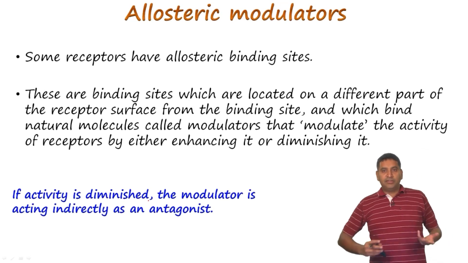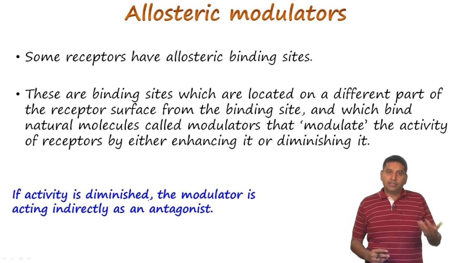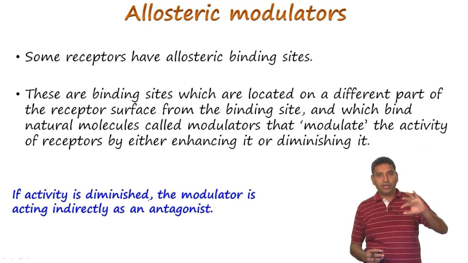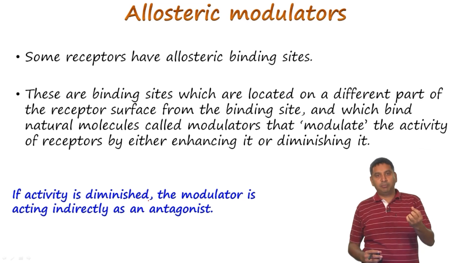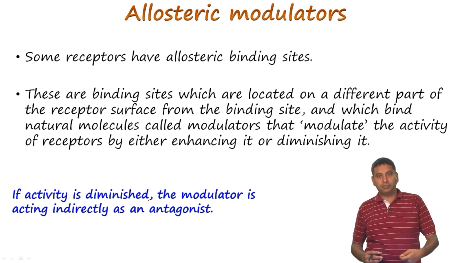As with enzymes, you also have a possibility of allosteric modulation. Okay. Some receptors have allosteric binding sites, which are binding sites located on a different part of the receptor surface, and they bind to molecules called modulators. These modulators modulate the activity of the receptor by either enhancing or diminishing it.